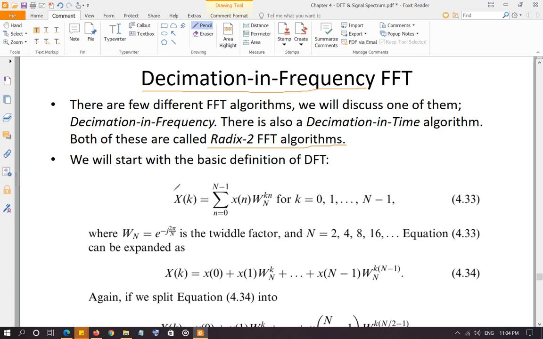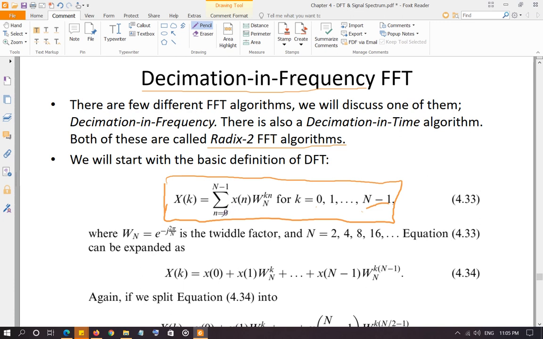We will start with the DFT formula. This is the DFT formula that you used to do your homework and everything else that you did last week. So X of k, remember k is the frequency content, and k again goes from 0 to capital N minus 1. Remember again, the frequency spectrum is periodic in nature.